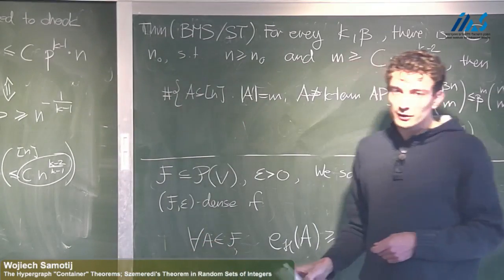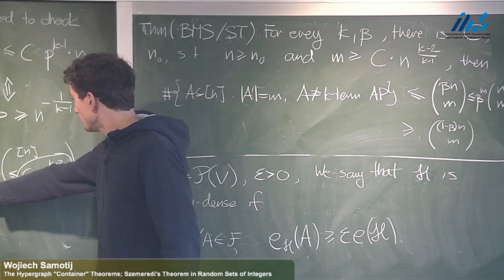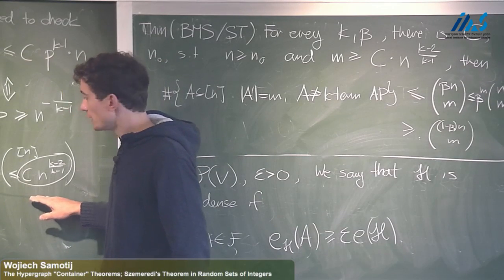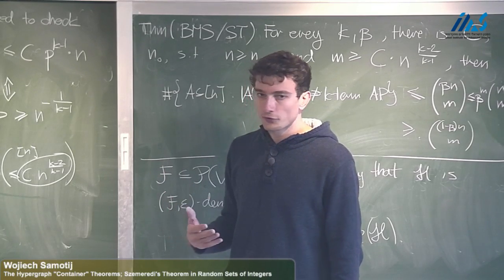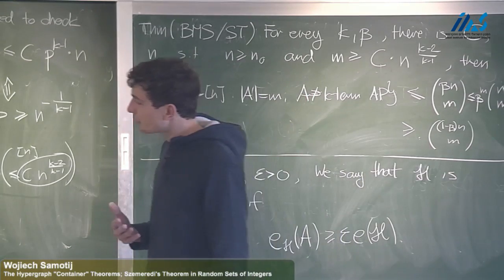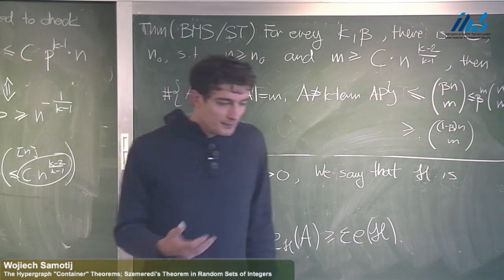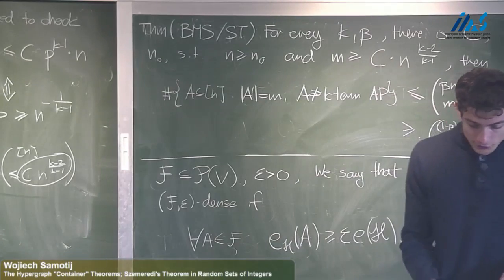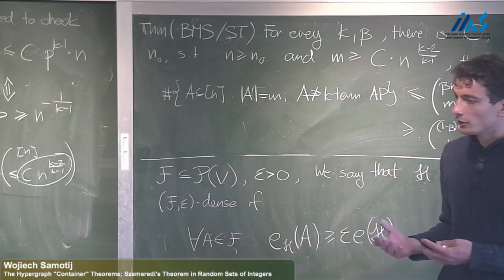Okay, and now there's another ingredient here, which is, so I already characterized this family S, so I know what number of sets I will use for the covering, but I would also like to say something about these covering sets. And this is the part which is really relevant to the problem we're working on, right?